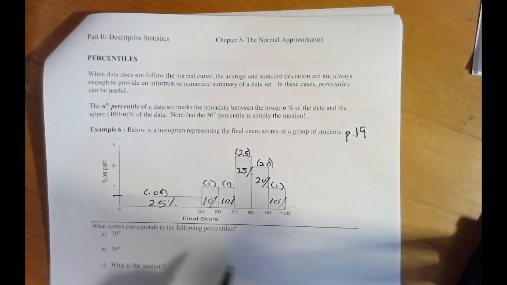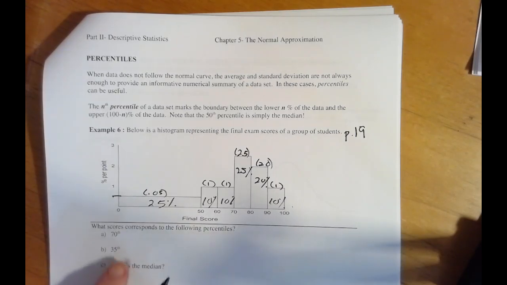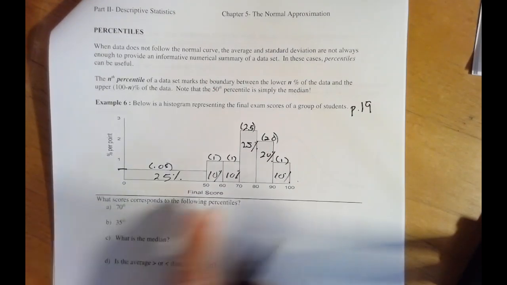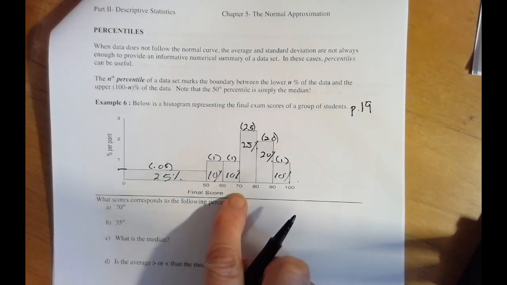So now it says, what scores correspond to the following percentiles? And don't make this mistake. 70th percentile does not correspond to 70. What does it mean?